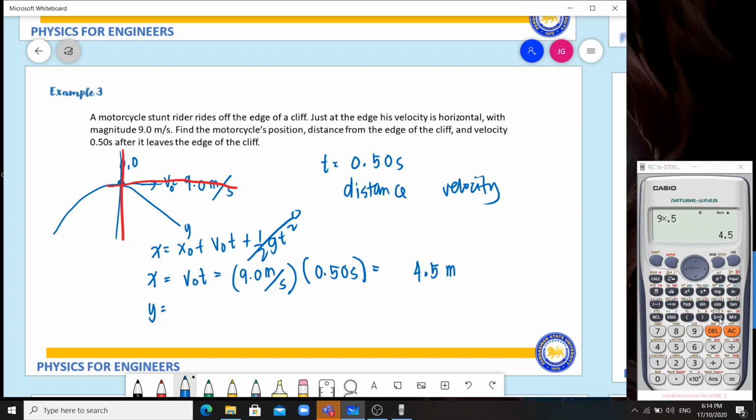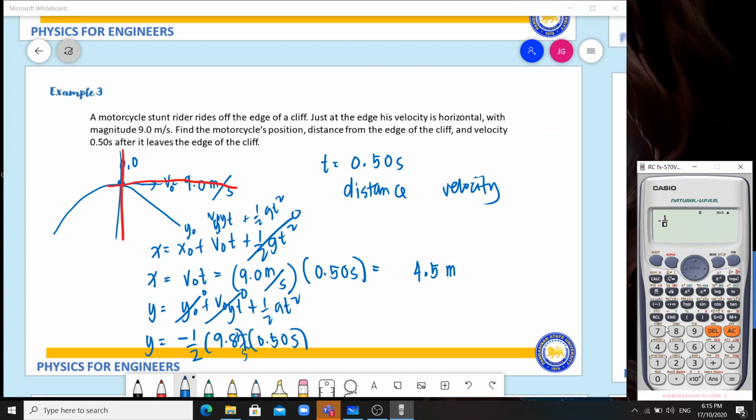Now, let's proceed to y. Palitan lang natin ito ng v0yt and then 1/2 gt squared. Ngayon, 'di ba may formula tayo na y0 plus v0yt plus 1/2 at squared. Pero wala tayong vertical velocity, so 0. 0 din yung y0 natin kasi ang datum natin ay nasa 0, 0. So, ang formula na lang natin dyan is negative 1/2 gt squared, which is 9.8 meter per second squared times 0.5 seconds squared. So, let's compute.